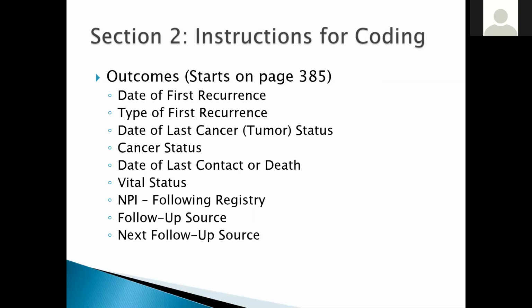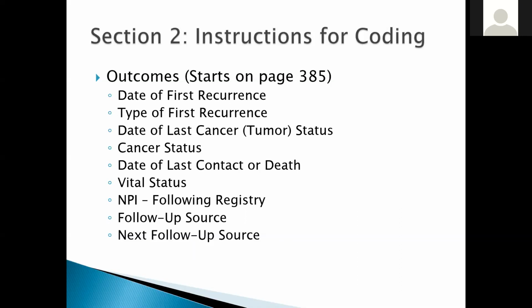Of course, we must collect the date of last contact that we know the patient was alive or their date of death. The patient status is whether the patient is alive or has expired. It is important to make sure we have the patient's vital status accurately recorded, since this is taken into consideration when running follow-up in other reports.